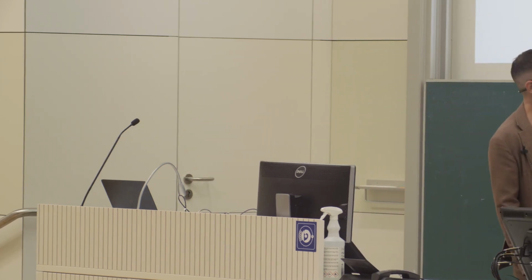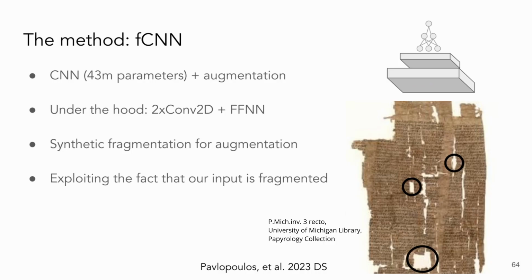So in this case, the input is fragmented. Not only in this case, but in this dataset. So we have instances that are missing information. This means that the model could learn to use the shape, for example, in that image, and this is something we don't want.